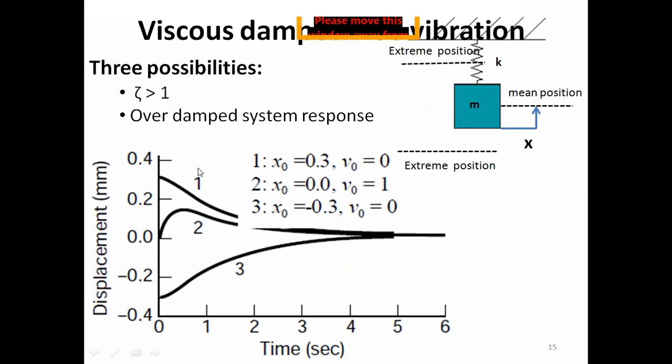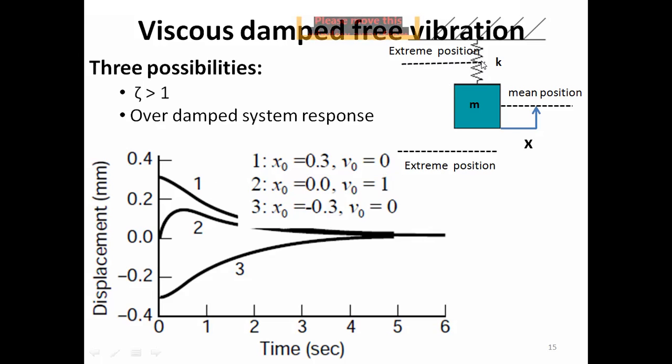So let's simulate the response of the system for different initial conditions. Let's say our first initial condition is x naught is 0.3 and v naught is 0. V naught is 0, it means that the mass is at the extreme position. The mass is here.